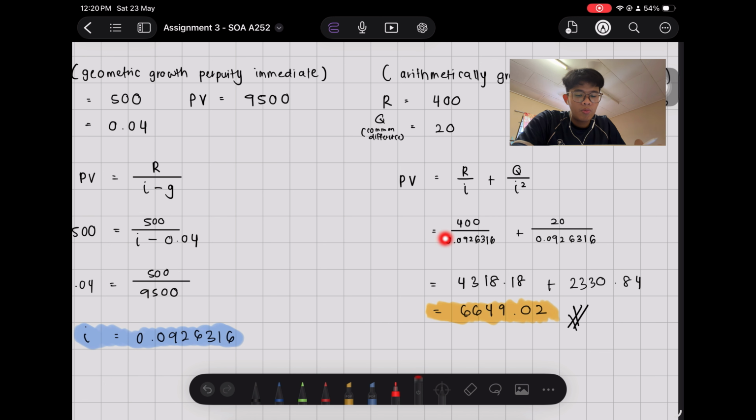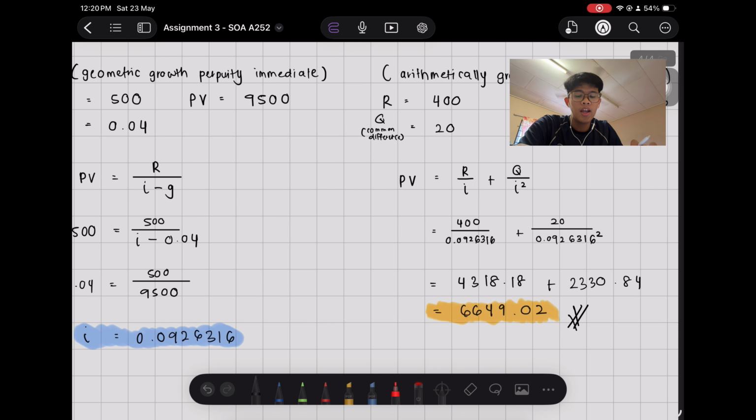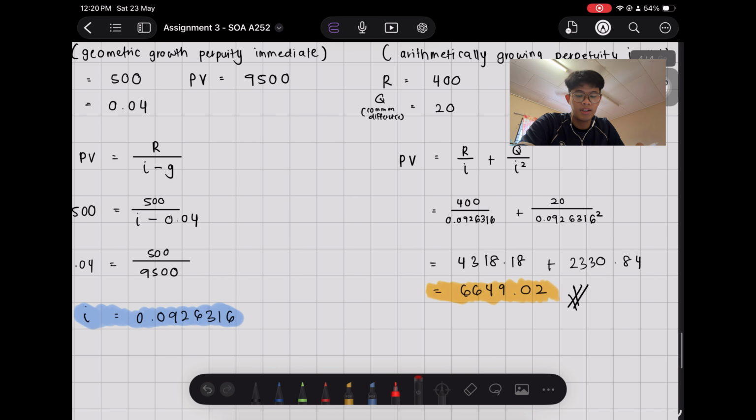First, we calculate the base component, 400 divided by 0.0926316, which equals 4,318.80. Next, we calculate the growth component, RM20 divided by 0.0926316 squared, which equals 2,330 ringgit and 84 cents.